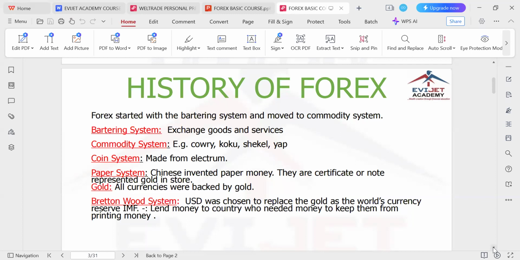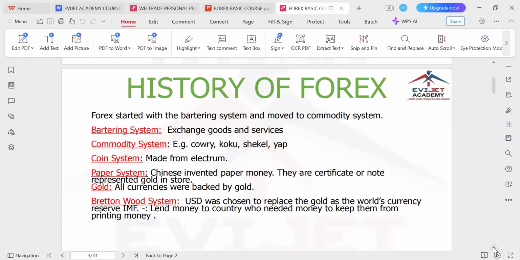Then we have the gold standard, which says all currencies were backed by gold. So your money has a gold value. You can take it to the gold store and exchange it for gold, or you hold the paper money so that you can be using it. Then we have the Bretton Woods system, which is what we are still using till date.